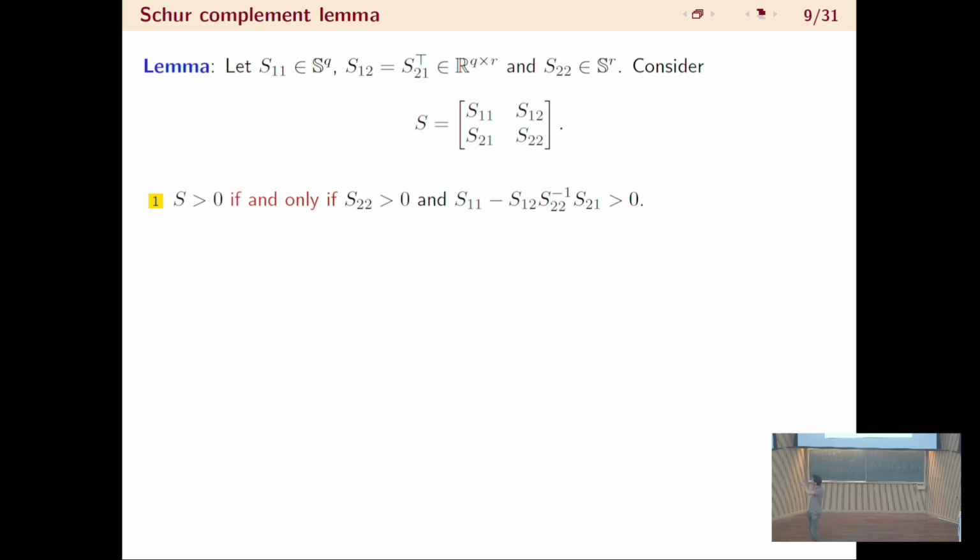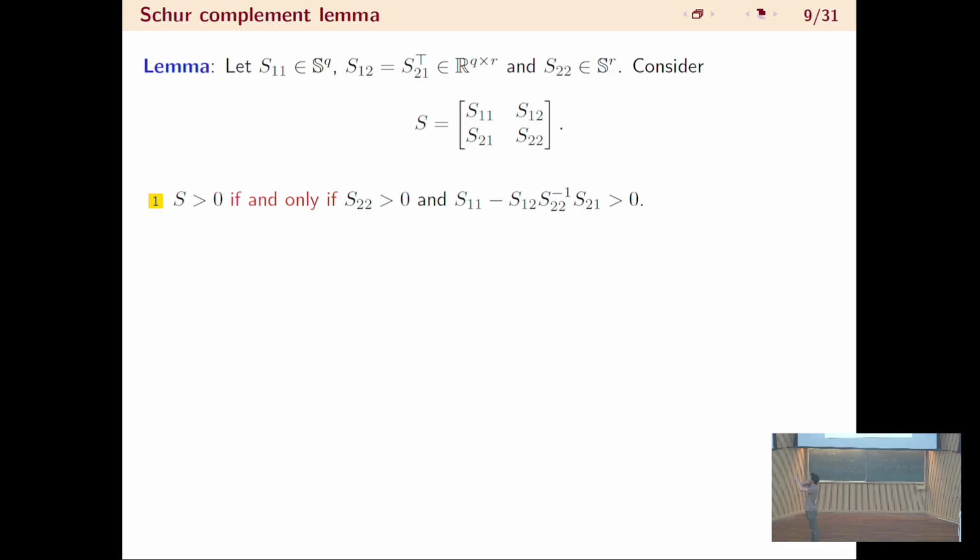The nice result is the following. So let's look at this statement 1. S is positive definite if and only if S22 is positive definite and another matrix is positive definite. This matrix is what we call the Schur complement of the matrix S. In particular, it's the Schur complement with respect to the matrix S22. So let's look at what is this Schur complement. Well, I will always think about it in this way.